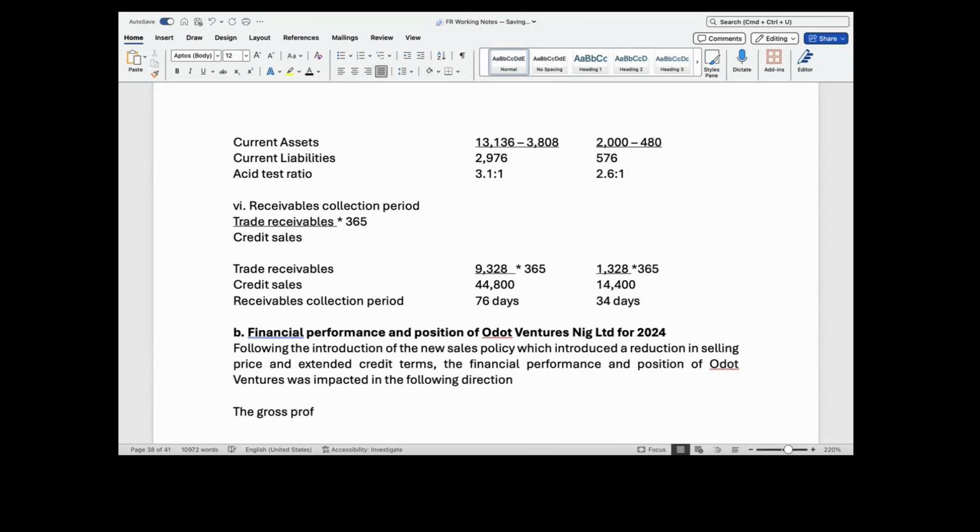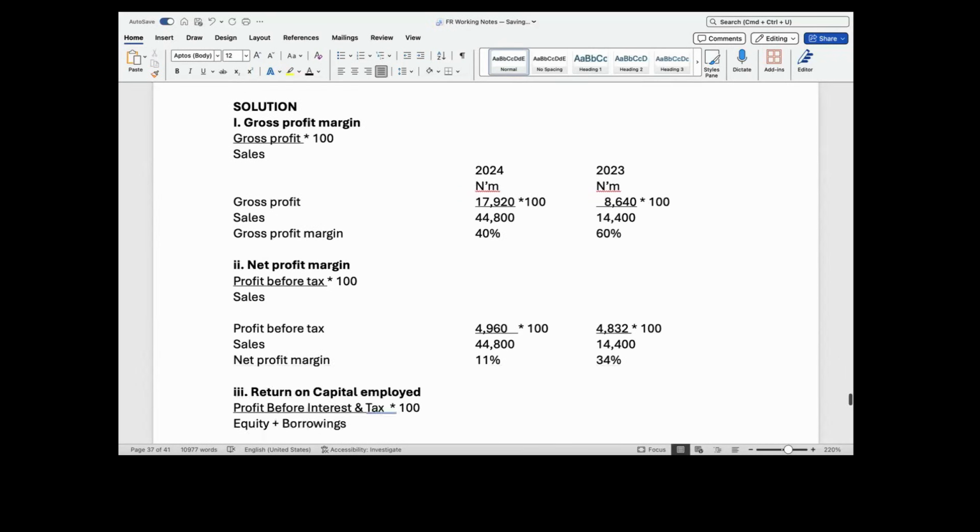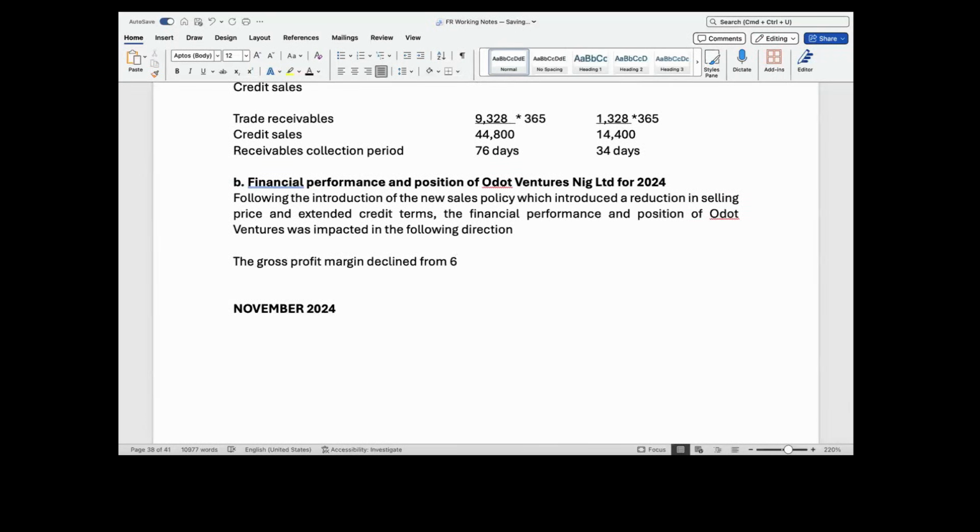The gross profit margin declined from 60% in 2023 to 40% in 2024. Full stop.